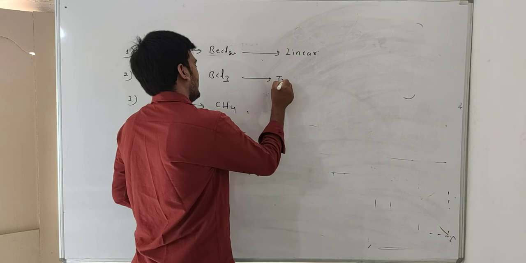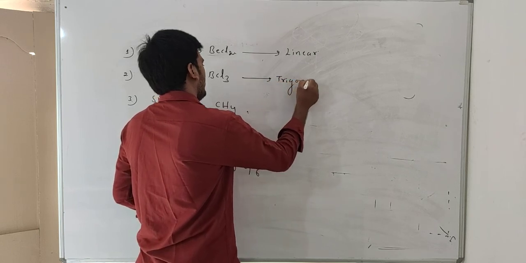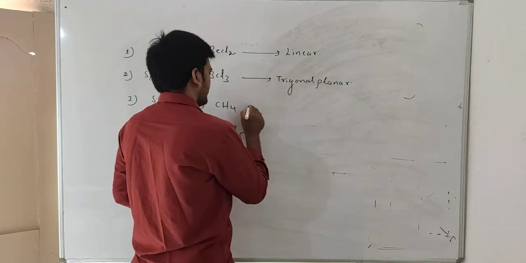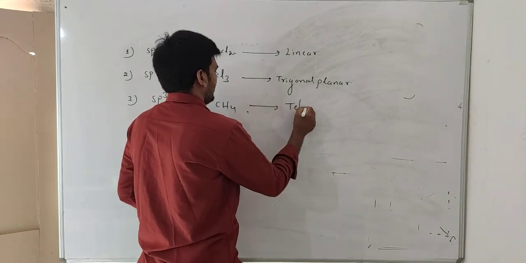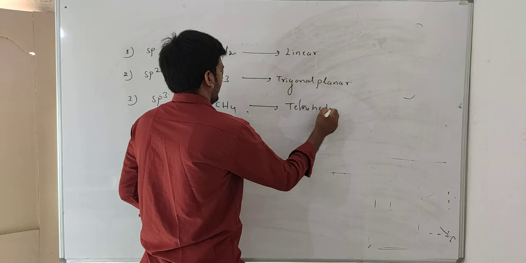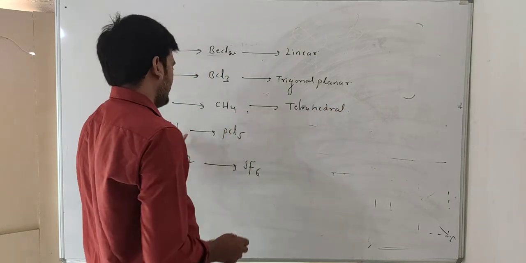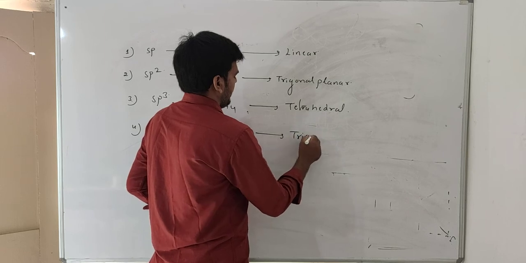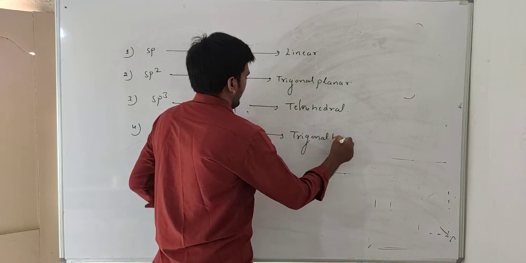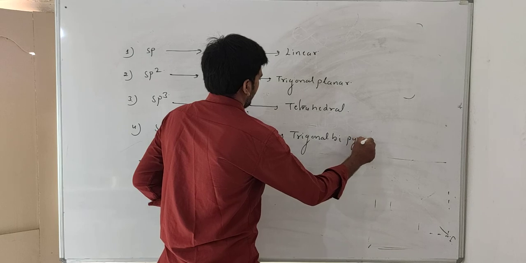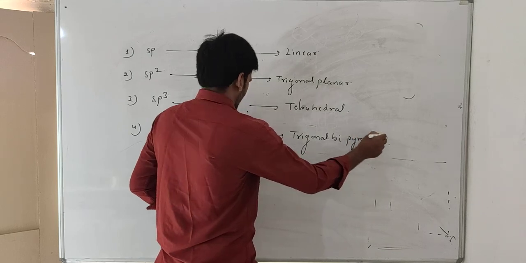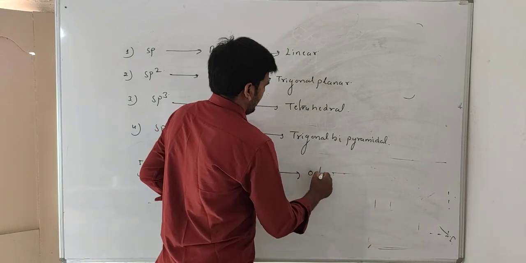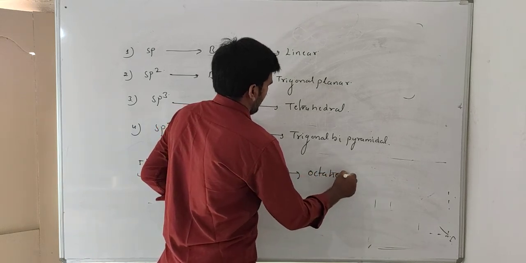In sp hybridization, the shape of the molecule is linear. sp2 is trigonal planar. In sp3 hybridization, the shape is tetrahedral. In sp3d hybridization, trigonal bipyramidal. And in sp3d2, the shape is octahedral.